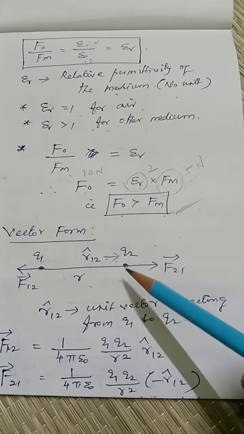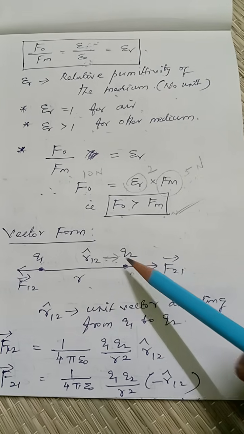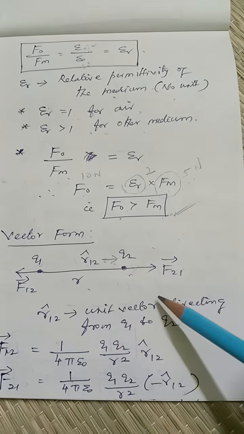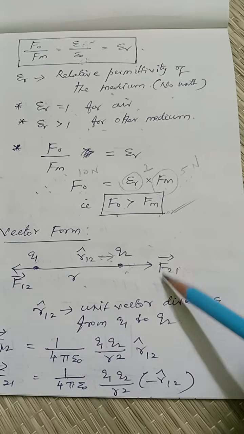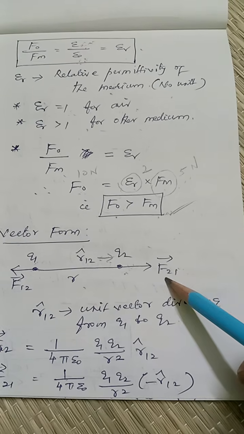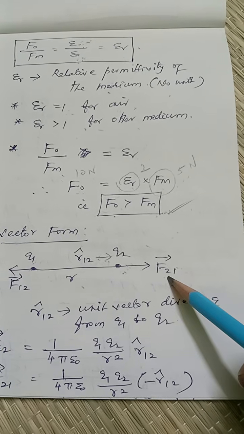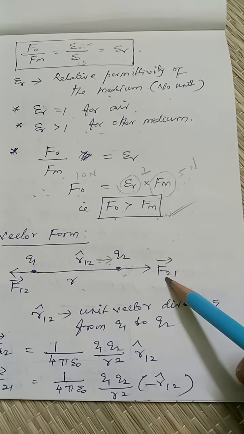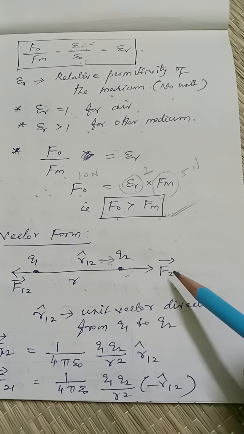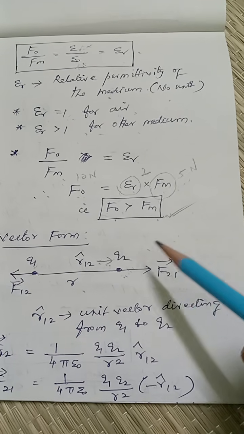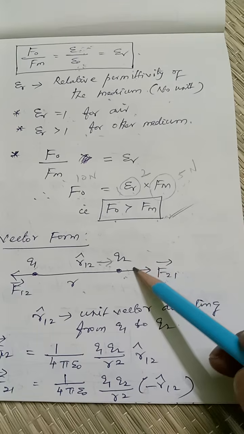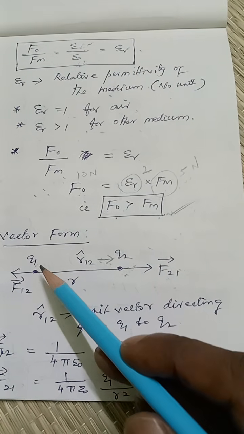So the force experienced by Q2 due to Q1 is written as F21 vector. See, 2 is written first, which represents that the force is acting on this charge, due to the Q1.